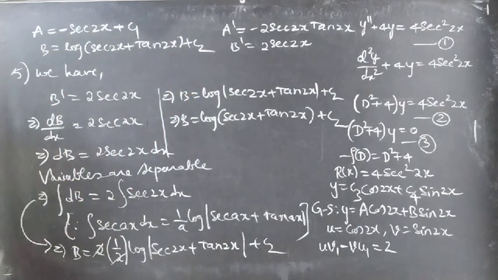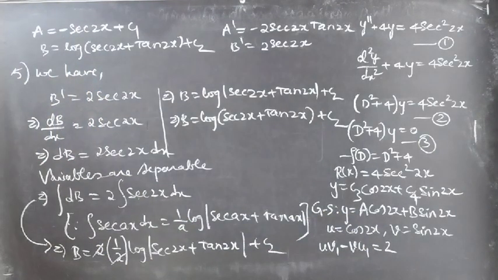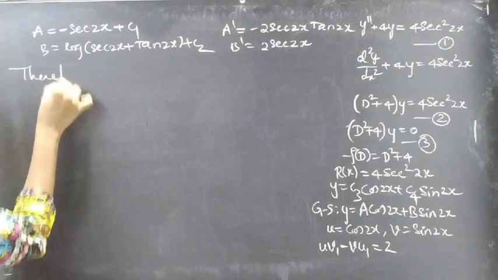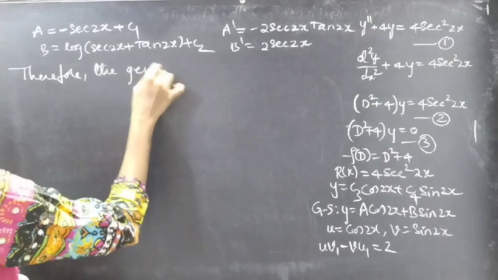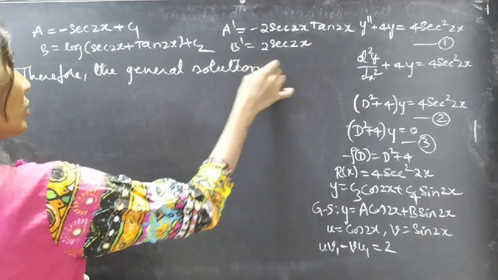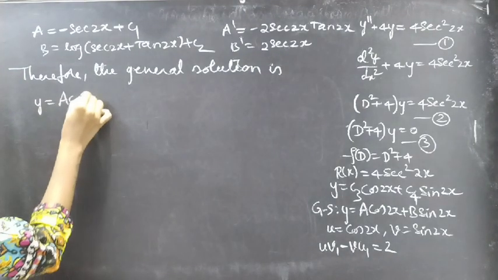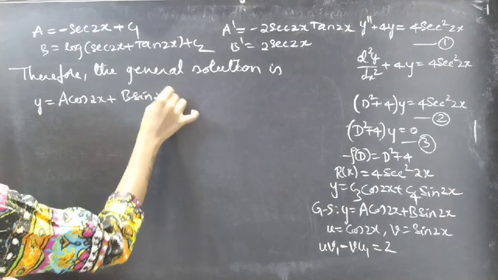We got A and B. Let's now find the general solution using y equal to A cos 2x plus B sin 2x. Therefore, the general solution is given by y equal to A cos 2x plus B sin 2x.